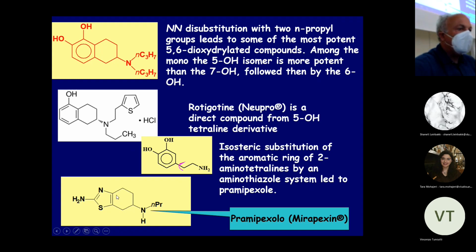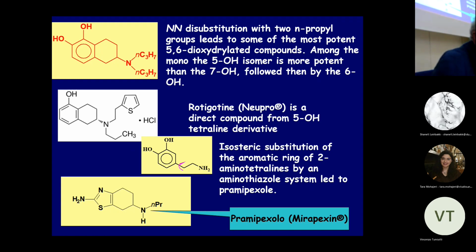The catechol ring of dopamine is replaced by aminothiazole. Aminothiazole, we have already seen this type of heterocycle in cephalosporin. It is able to give hydrogen bond.